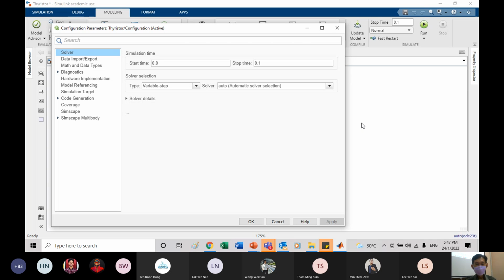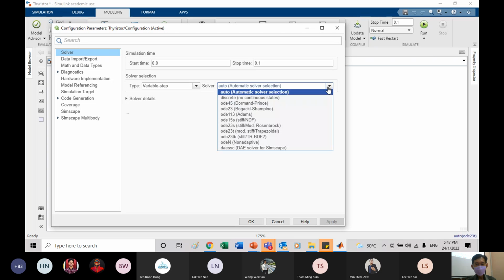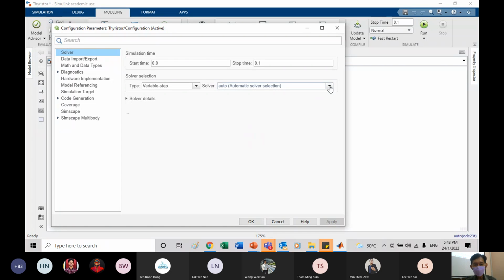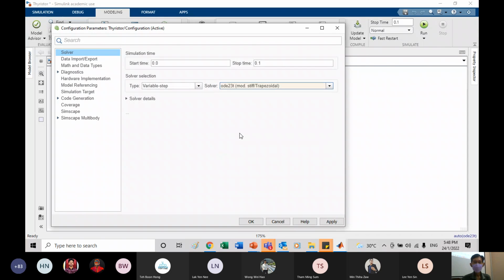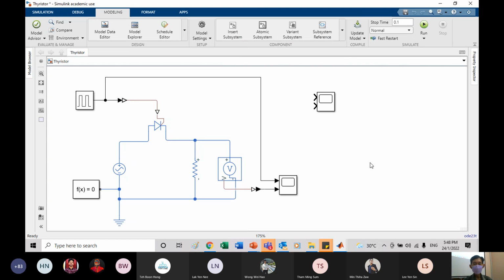Let's see. Okay, now variable step you use automatic, right? Am I right? Yeah, correct. Okay, maybe you try to go to ODE23t. You select this one and then apply and OK and run it again. See, you get a better result.